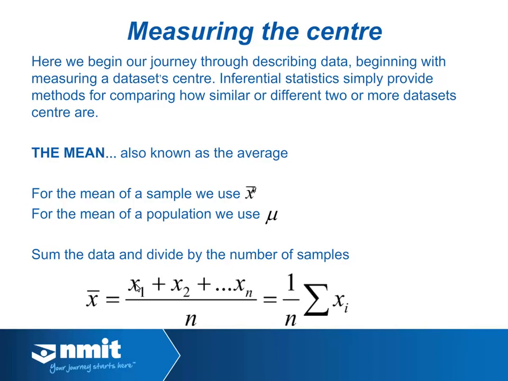X2 is the second number in that data set, so on and so forth, and Xn is the final number in that data set. So if we're looking at the first 20 winners of the Melbourne Cup, the last data point would be X subscript 20, the 20th piece of data. So we add these together and we divide by the sample size, which is 20.